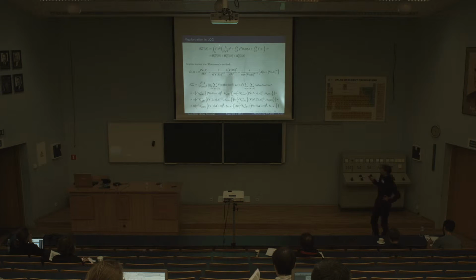So this is the Hamiltonian constraint that I divided into 3 parts, and we have to first regularize each part, and then we can promote functions into operators using methods of loop quantum gravity. So in loop quantum gravity, we use quantization in a few steps.